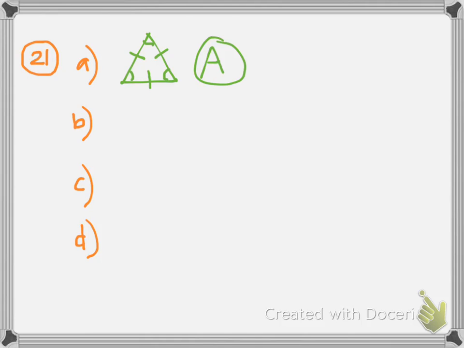B, the number of diagonals in a polygon is the same as the number of sides. At first glance, I would say sometimes. There can be more sides than diagonals, such as in a quadrilateral. A four-sided shape only has 2 diagonals. But then if I start adding sides, I'm adding lots more diagonals. So sometimes there are more diagonals than there are sides. Like in a pentagon, we've got all kinds of diagonals.